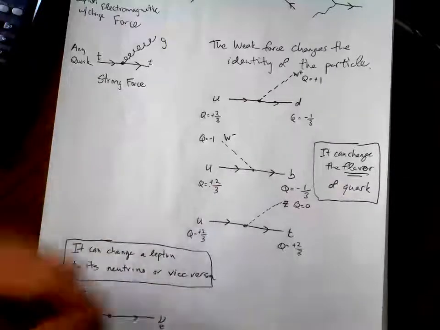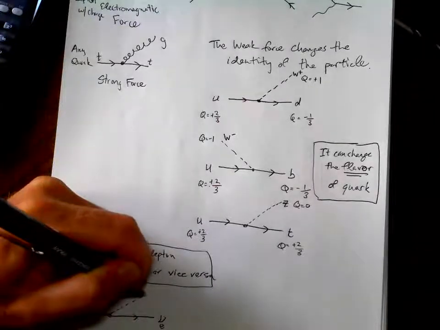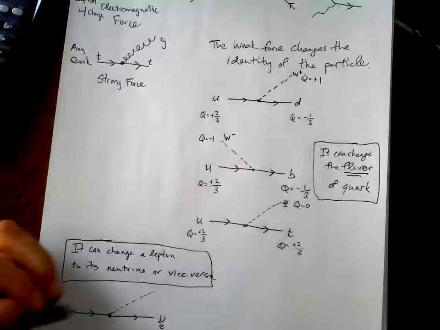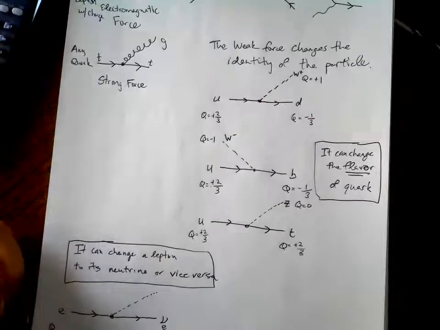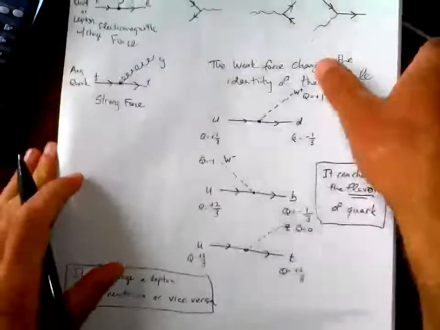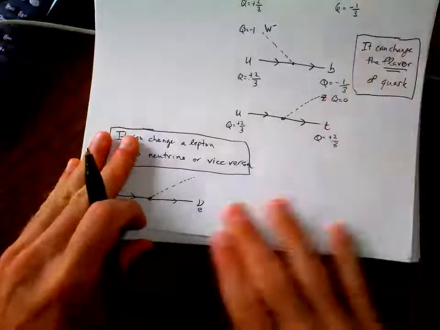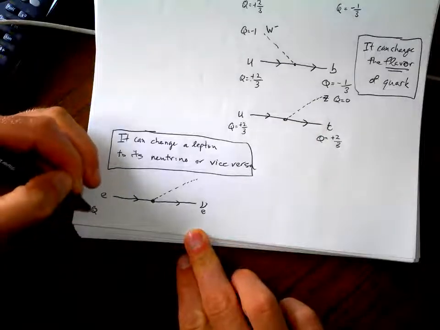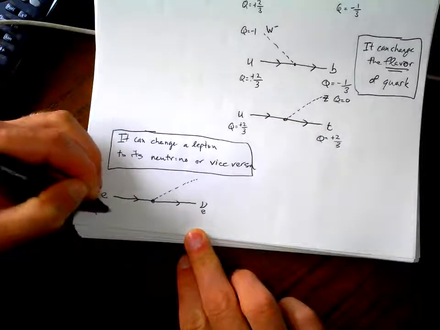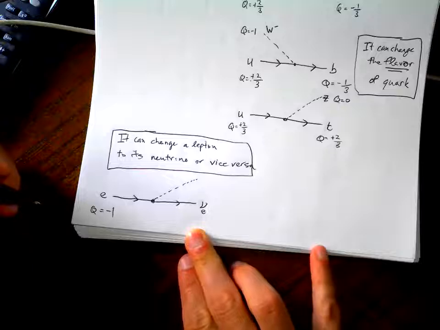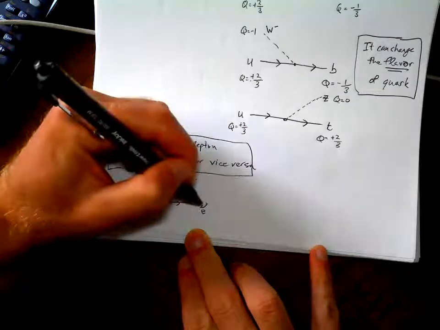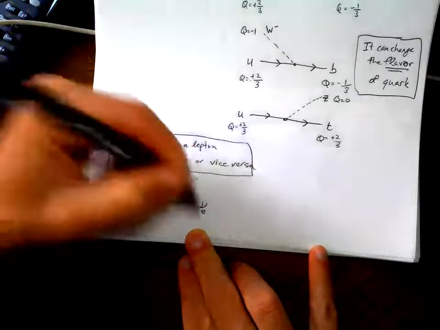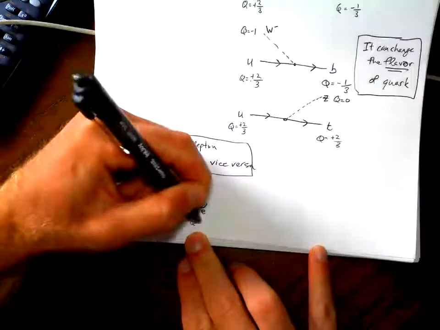Now, what force carrier would that have to be? Well, this has a charge of -1. The electron has a charge of -1. The electron neutrino has a charge of 0.